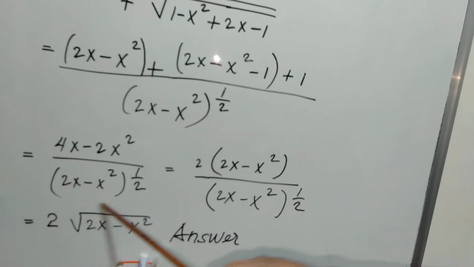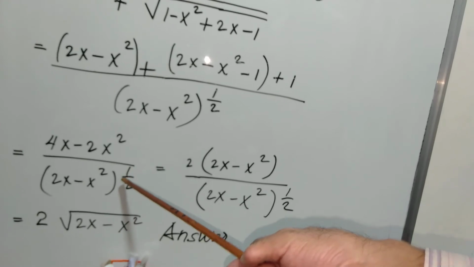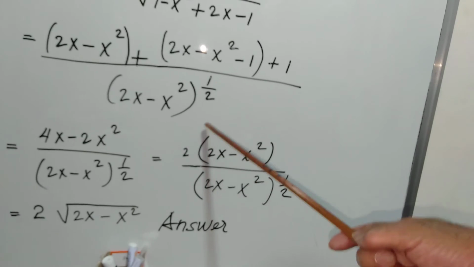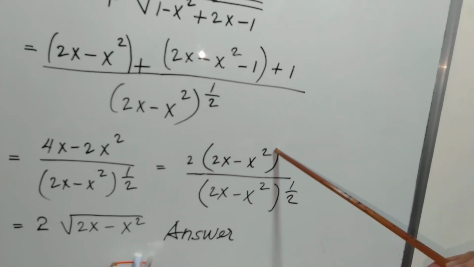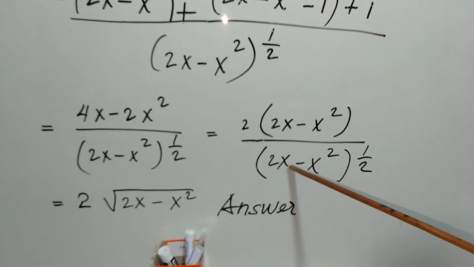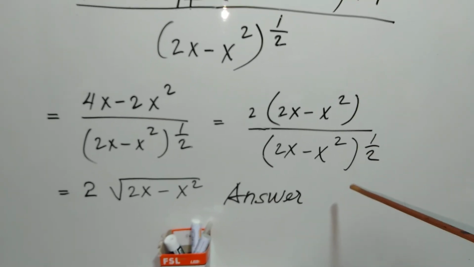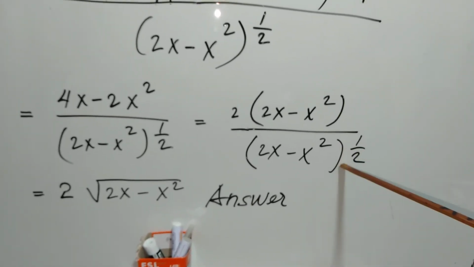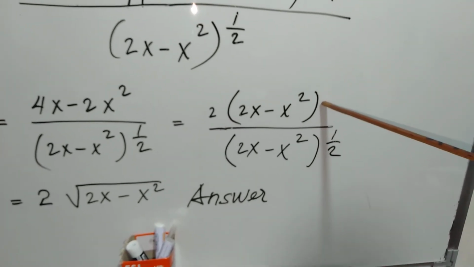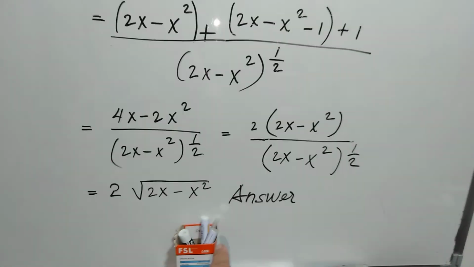We copy the LCD, 2x minus x squared quantity raised to 1/2, and we factor out 2. What remains is 2x minus x squared over 2x minus x squared raised to 1/2. Since this is 1/2, we bring this up to the numerator.